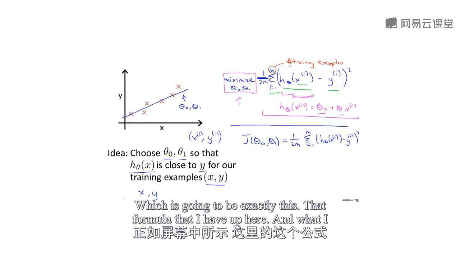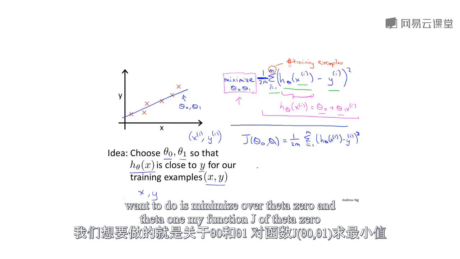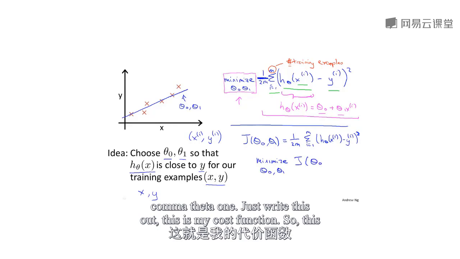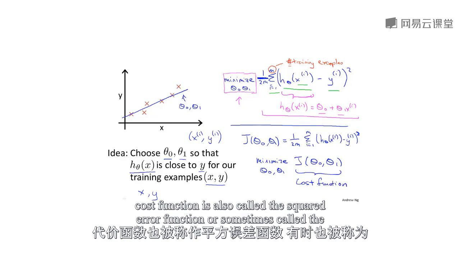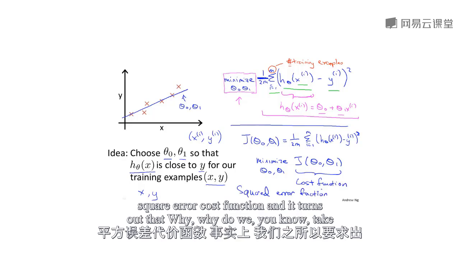And what I want to do is minimize over theta 0 and theta 1 my function J of theta 0 comma theta 1, where this is my cost function. This cost function is also called the squared error function, or sometimes the squared error cost function.